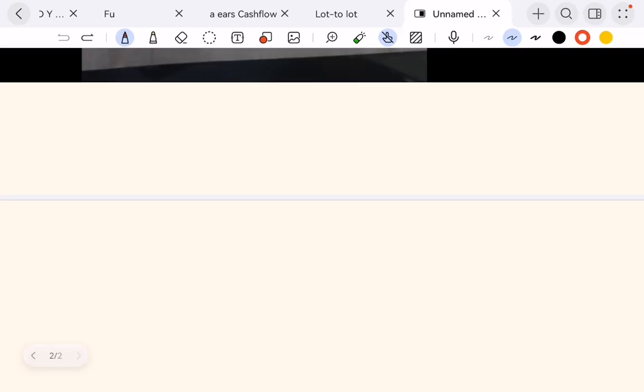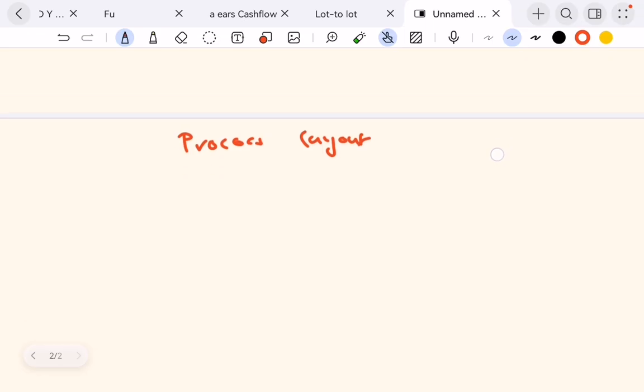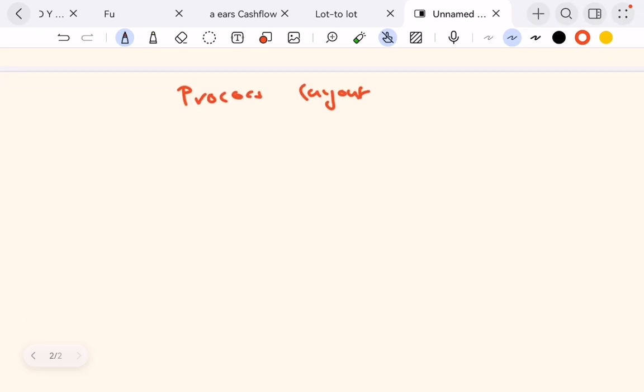The process layout of what is on the table is that we draw a box.